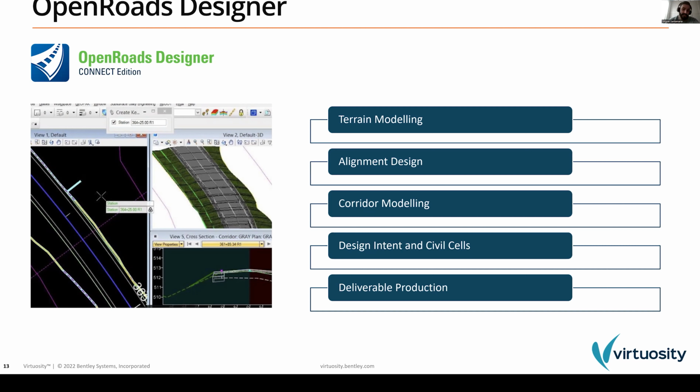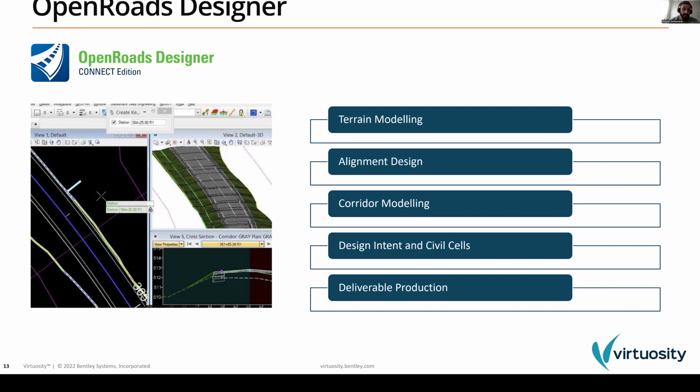By leveraging cross-sections and templates in the corridor modeling, OpenRoads Designer streamlines the design process, enhances productivity, and facilitates the creation of detailed and accurate roadway designs for transportation projects.